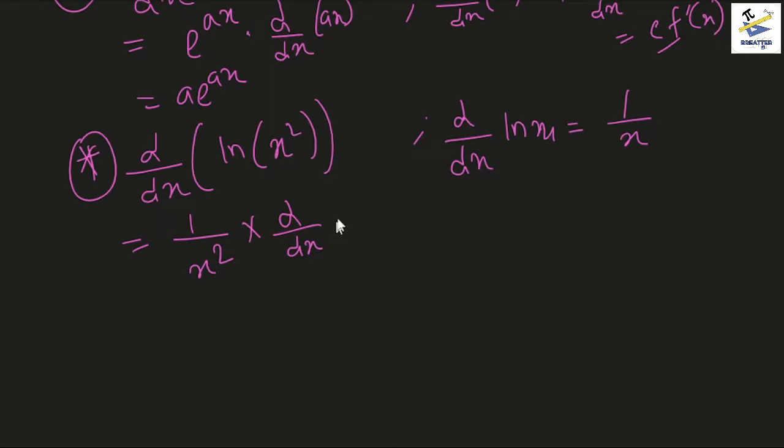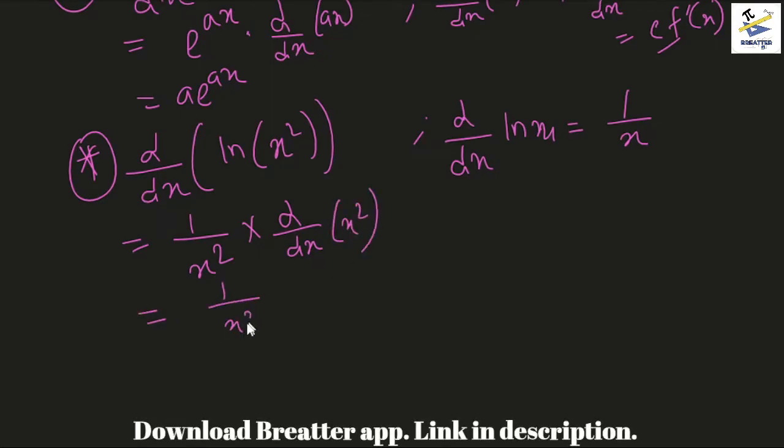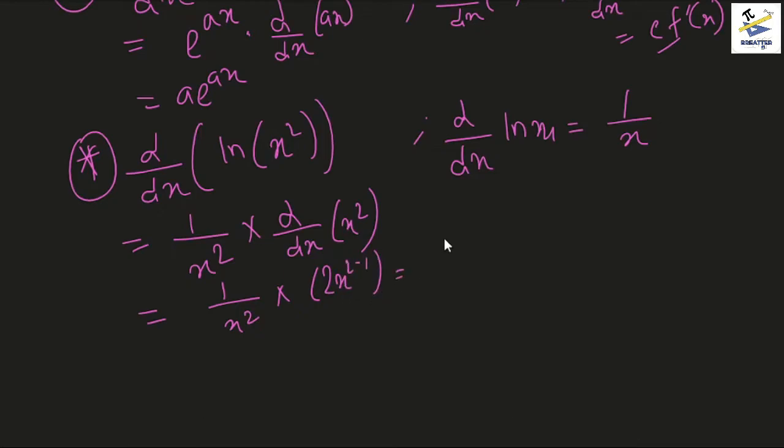So x square is present here, so we do x square. So it is 1 by x square into d/dx of x square, which by the rule for differentiation of powers is 2 into x to the power 2 minus 1, right? So it will become 1 by x square into 2x, which will give you 2 by x, right?